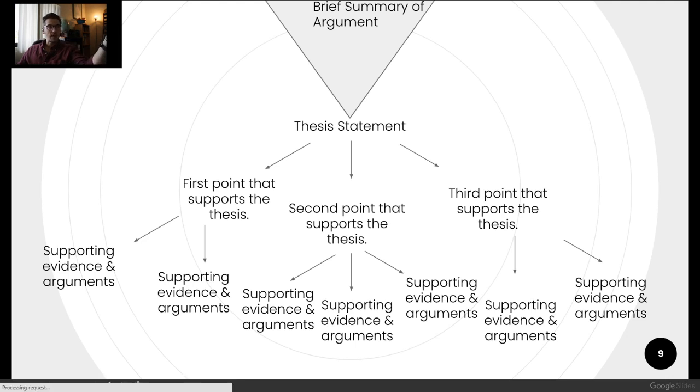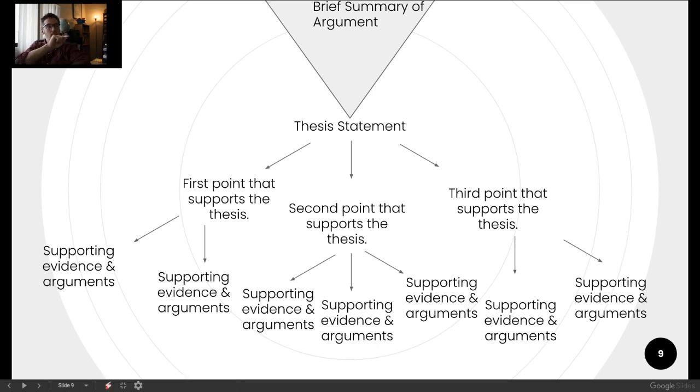So this is a diagram of what your outline is doing. At this point, there are a bunch of pieces, and they're all over the page, but they're all in an order, right? So I've got my first point supported by evidence, my second point supported by evidence, and my third point supported by evidence. Each of those are all supporting the subpoints, which all support the thesis.